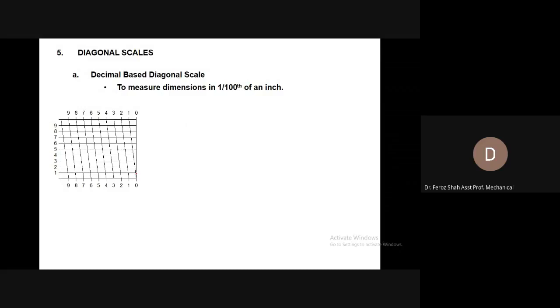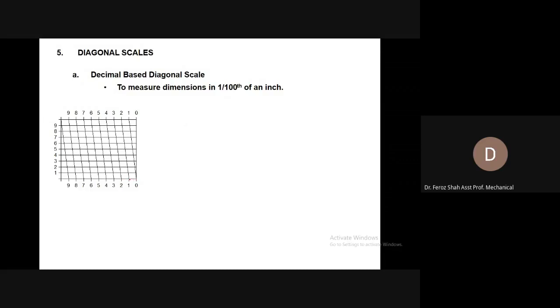Now, each of these divisions, starting from this, is 1 by 100, this is 2 by 100, this division is 3 by 100, this is 4 by 100, 5 by 100, 6 by 100, 7 by 100, 8 by 100, 9 by 100, and 10 by 100 is 1 by 10.